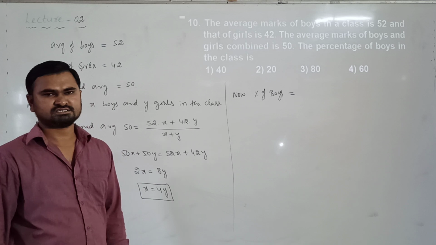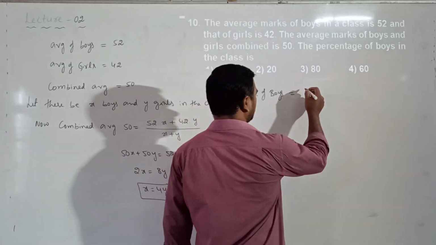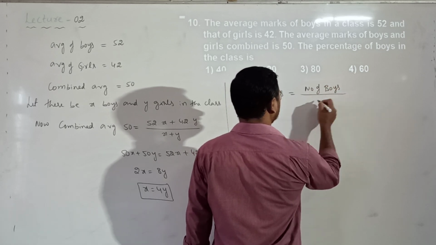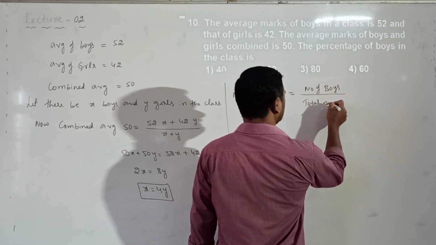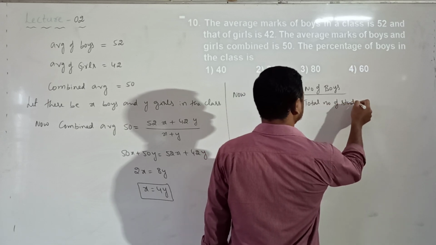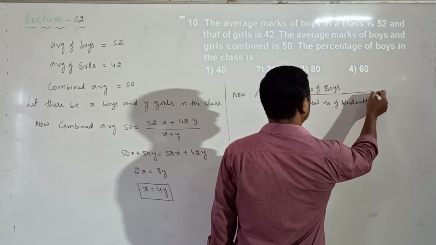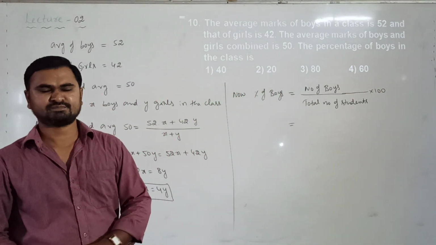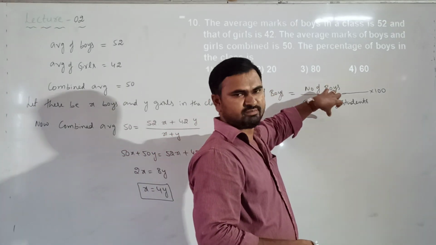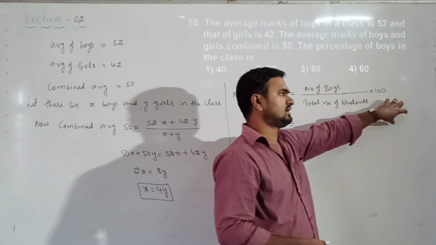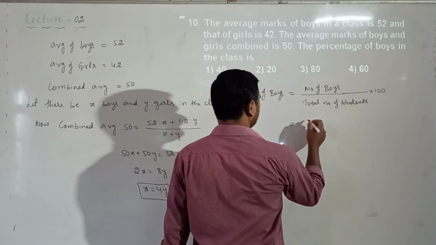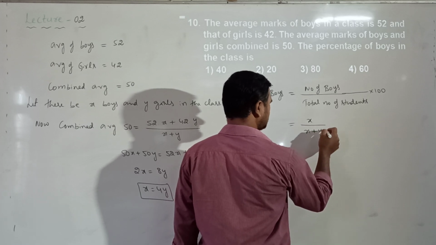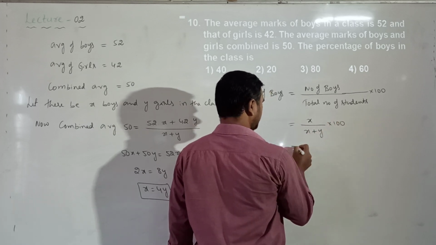So again, the percentage of boys means the number of boys divided by the total number of students, into 100. The number of boys is x, and the total number of students means number of boys plus number of girls, into 100.